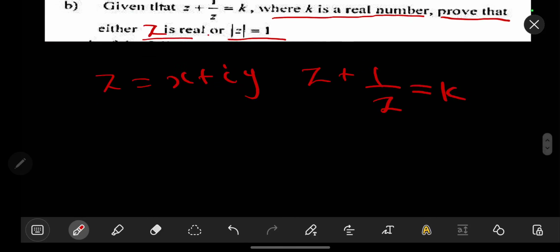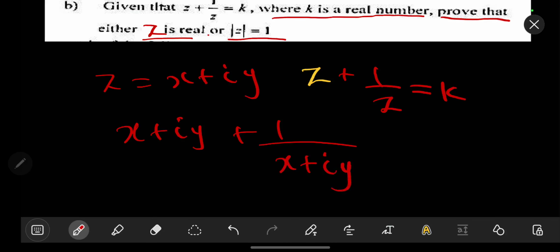So let's do it. We have z equal to x plus iy, so where there is z, we put x plus iy, then plus 1 over x plus iy. What we are going to do from here is apply a conjugate for just this number.